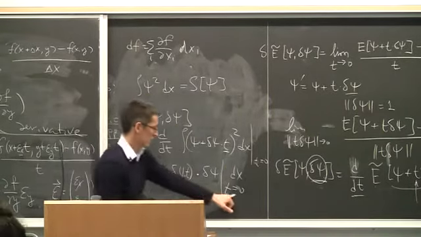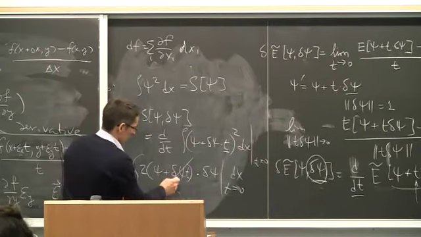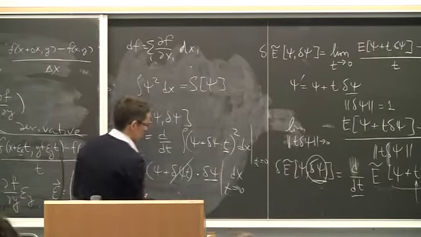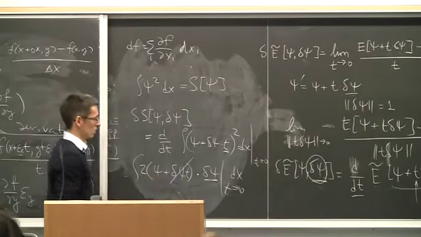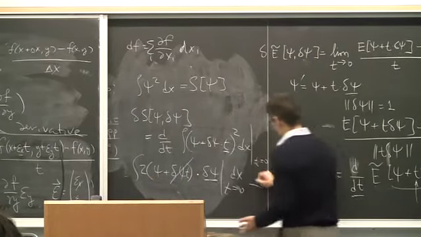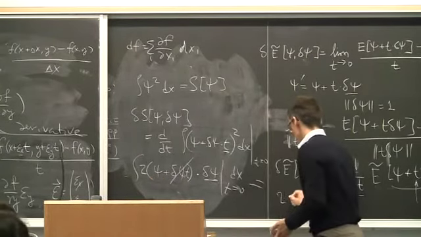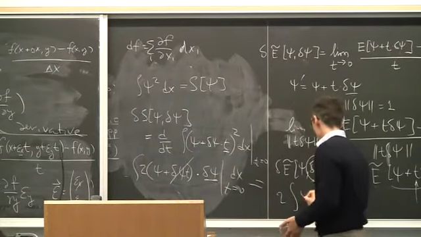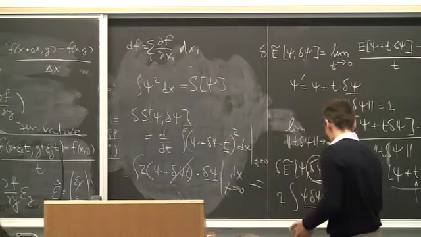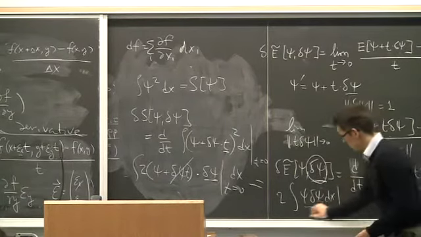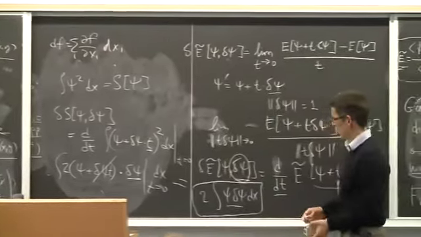If we take the t equals 0 limit, then this is gone, but this will stay, and psi will stay. And so this will be 2 times the integral of psi multiplied by delta psi dx.